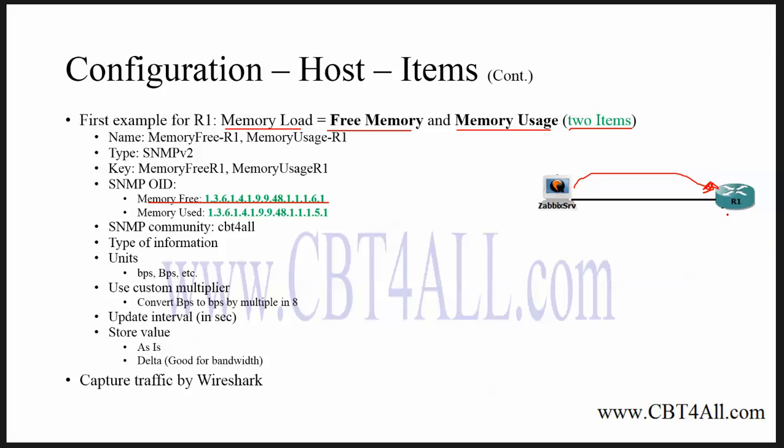How will the Zabbix server send this message? How does the router identify what Zabbix is asking by this number? Zabbix will send, I want to monitor this number. And this strange string of numbers is a unique number for R1 and for all devices. So router 1 will identify, based on this number, that Zabbix is searching for free memory, and it will reply, okay, this is my free memory.